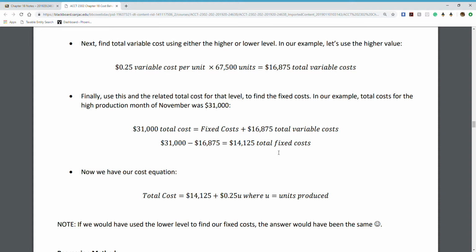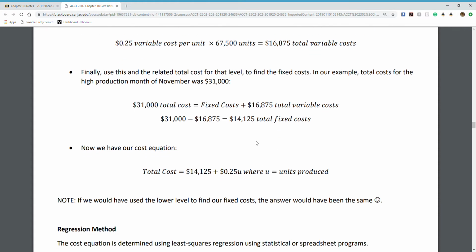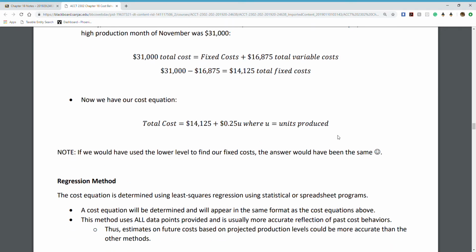If we looked at this on the graph, our total fixed cost is actually our y-intercept. It will tell us exactly, basically, our constant. Again, that really is our constant. No matter what we do, we at least have to pay $14,125. So once we've done this, you need to put it in our cost equation.